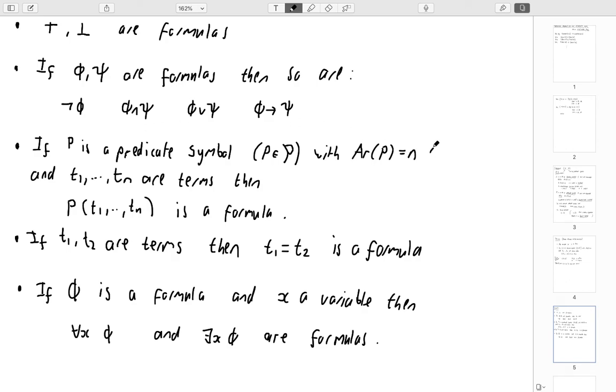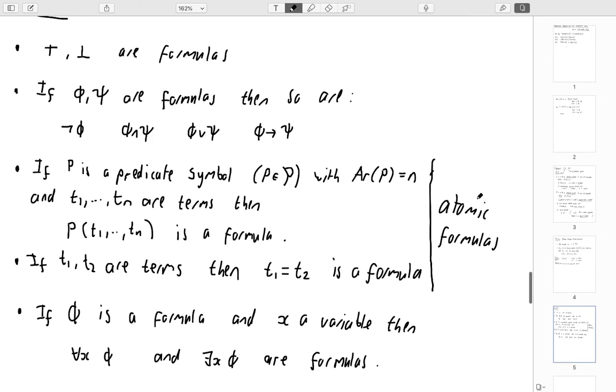So let me just put a line down here to say these two are atomic formulas: P of T1 through to Tn, and T1 equals T2.